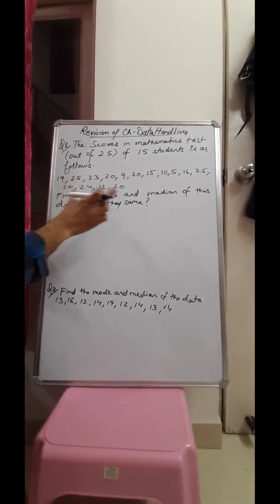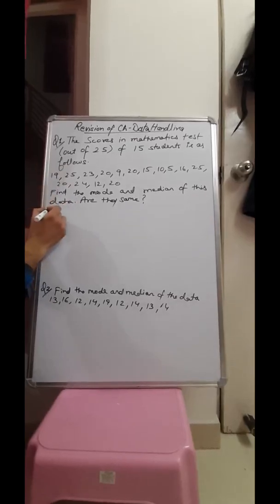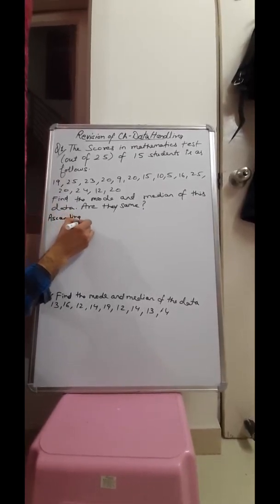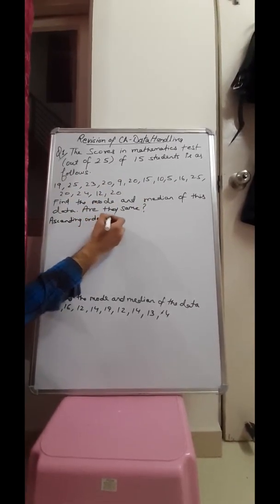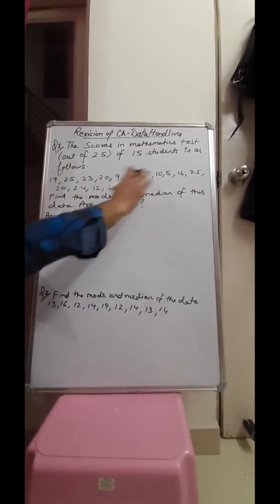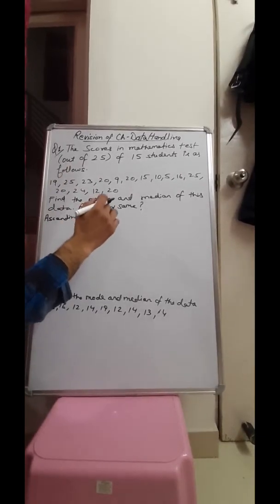Whenever they ask you to find out mode and median, the first step is always to arrange these observations either in ascending order or descending order. So I am arranging this data in ascending order. Ascending order means smaller to greater.